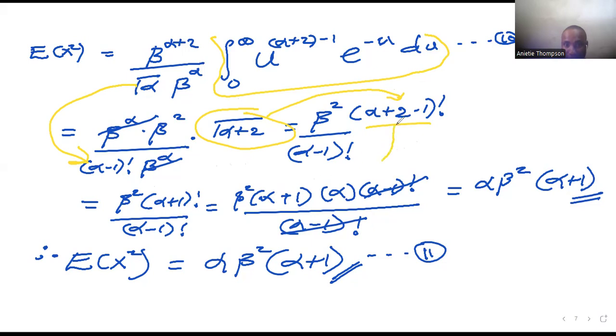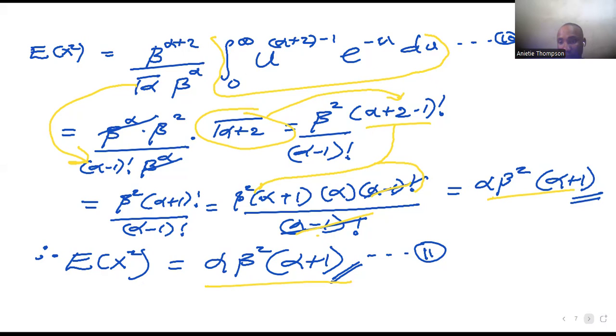So all of this here is the same thing as here to here. Then we can see that the denominator has appeared in the numerator. So there and there cancel. So we are left with beta squared times alpha into alpha plus 1. Therefore, we say that the expectation of x squared is equal to alpha beta squared into alpha plus 1. So we obtain the value of the expectation of x squared now.